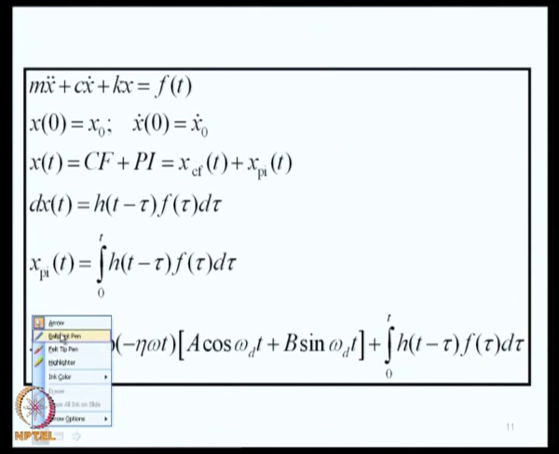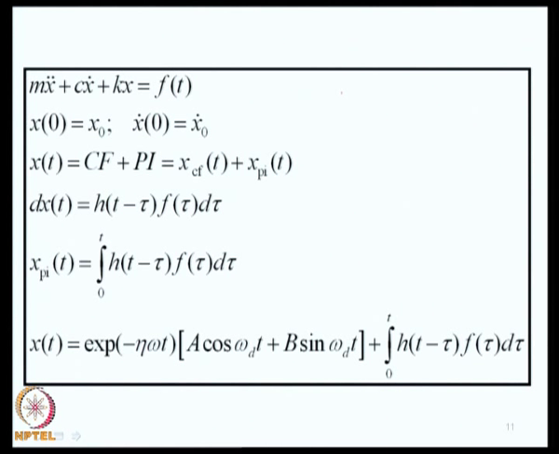See what we have seen, what is the interpretation for h of t? h of t is the response at time t due to an impulse at t equal to 0. Actually this impulse is a unit impulse.